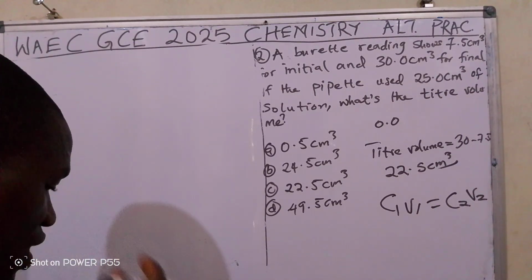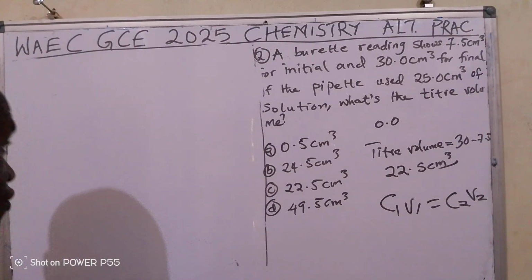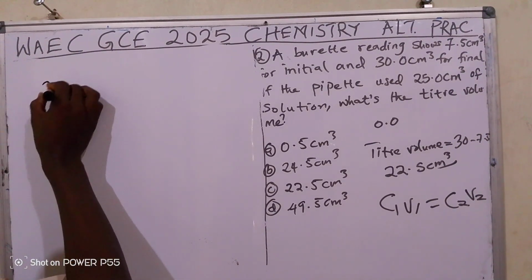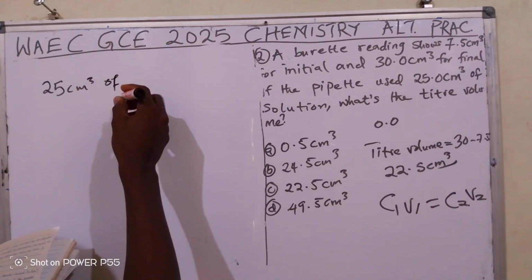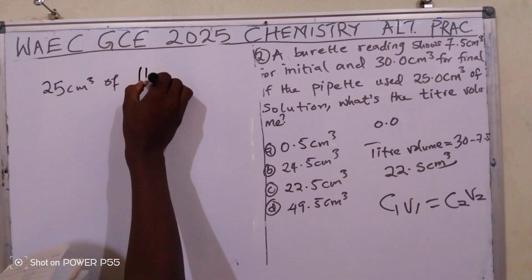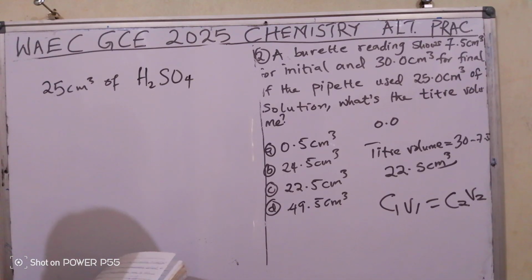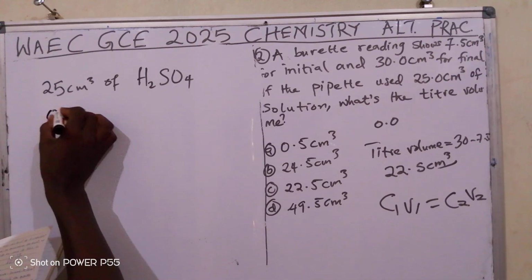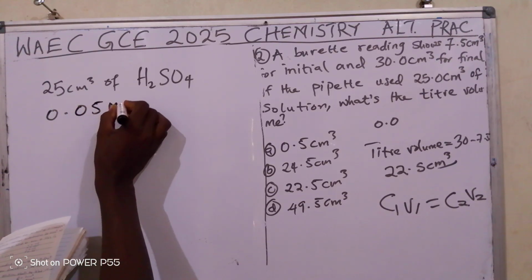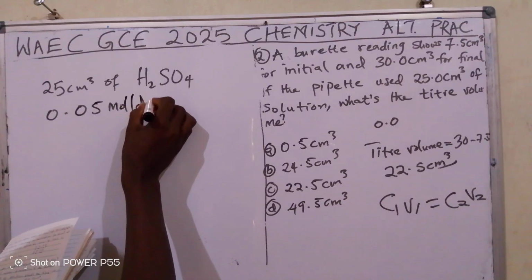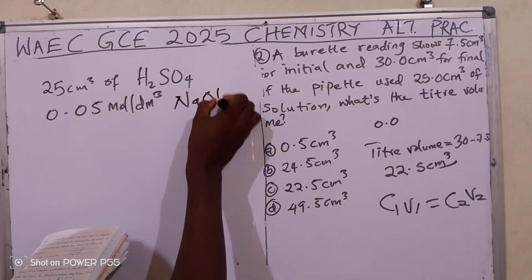So the question says, from the table below, the results of the titration of 25 cm cube of H2SO4 was used against 0.05 mole per dm cube sodium hydroxide.